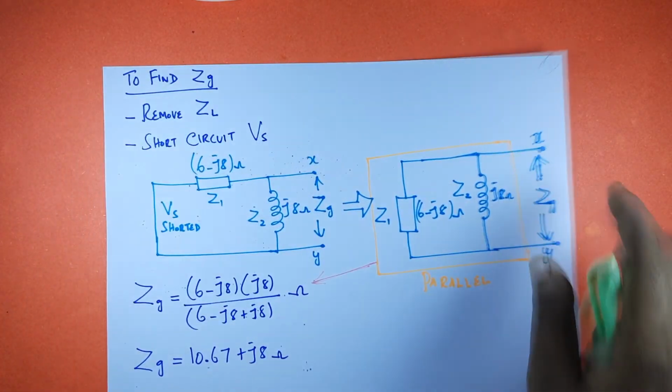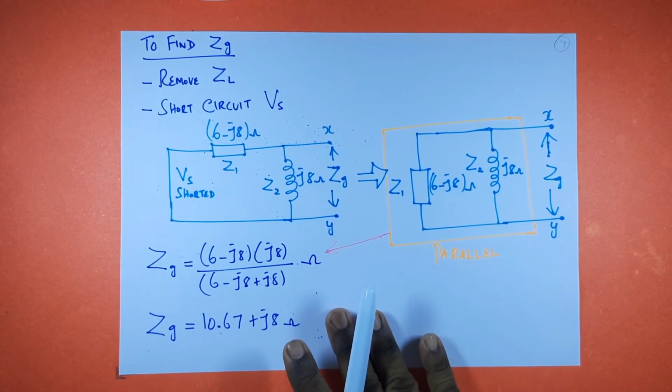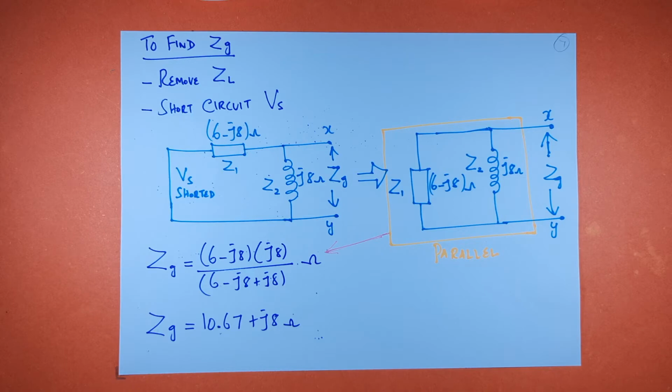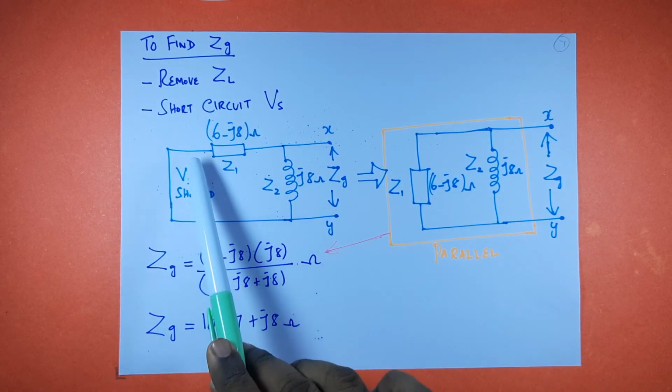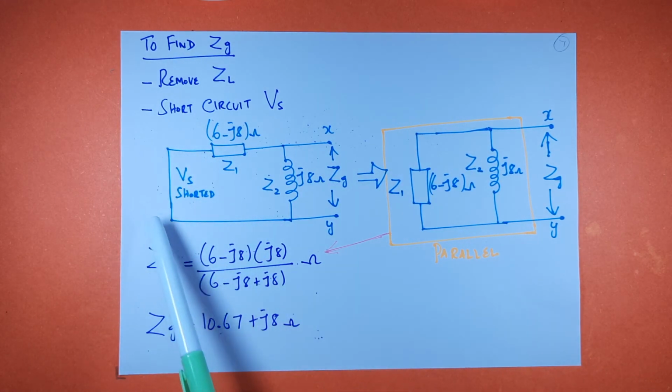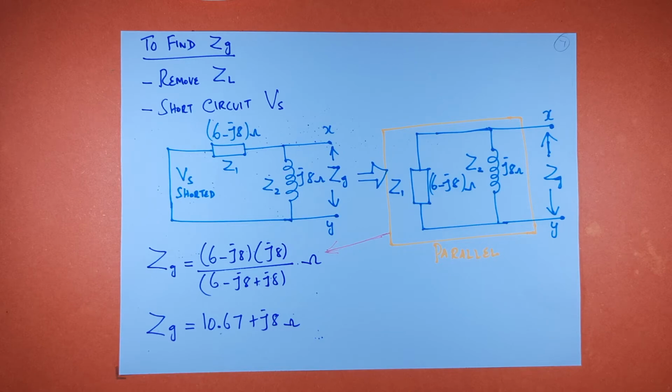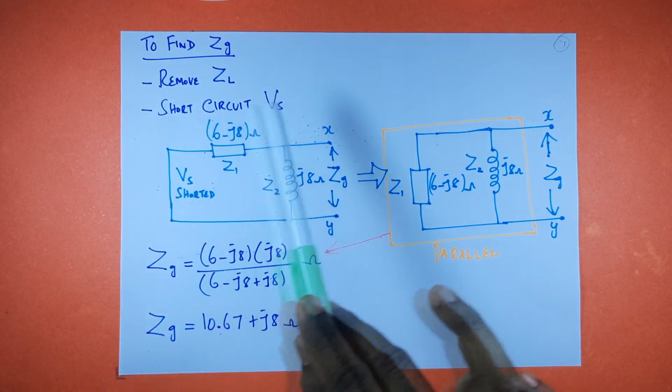Next what we are going to do is, we have to find out what is the Zg. So for this also you have to remove the load impedance and you have to short circuit the voltage source. So we have removed the load impedance from the circuit and we have short circuited the Vs, that is the voltage source. So this is going to be your circuit.